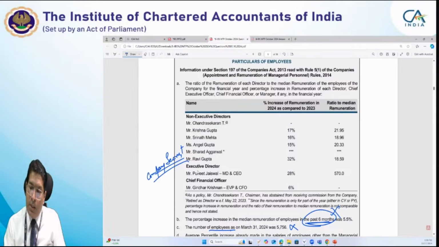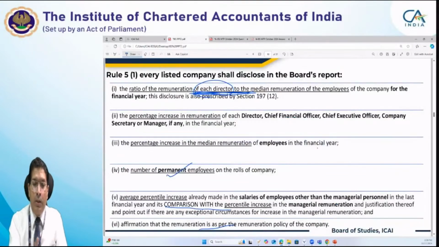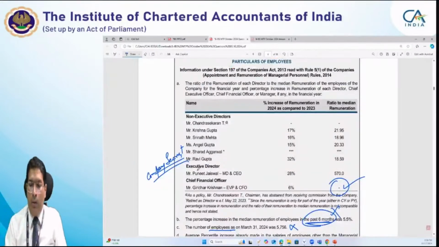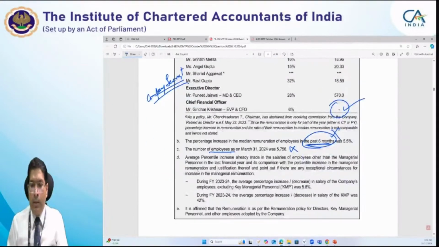Therefore, this statement is correct because the first requirement says this should be for only directors.